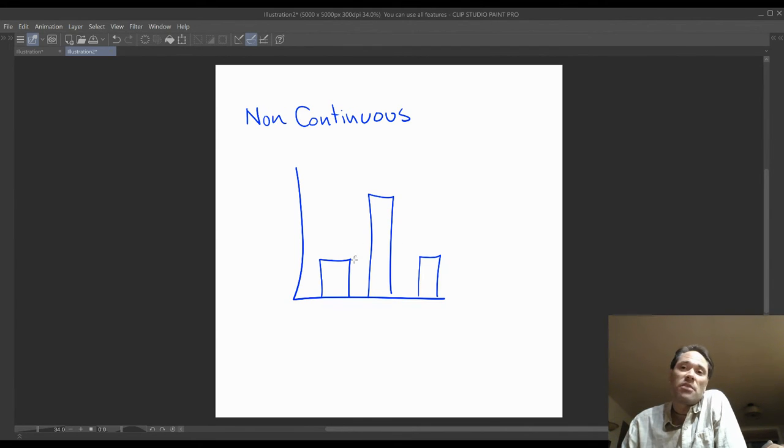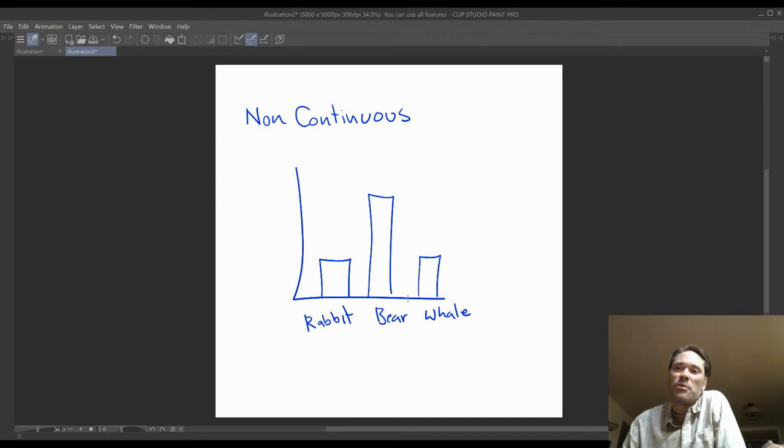Let's say, for instance, you wanted to make a graph of different animals. Like down here, we said that this is a rabbit, and maybe this is a bear, and this is a whale. And we're talking about on here how much each one of these animals eats on a daily basis.